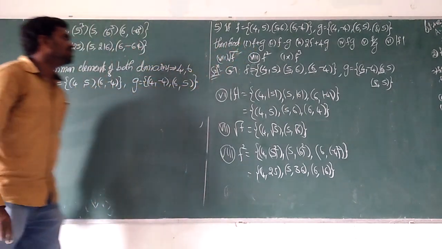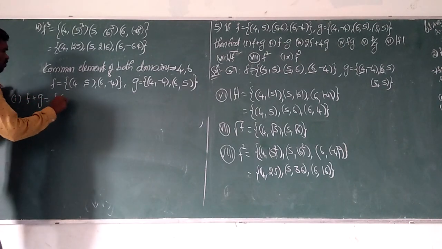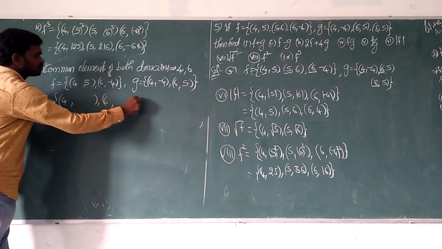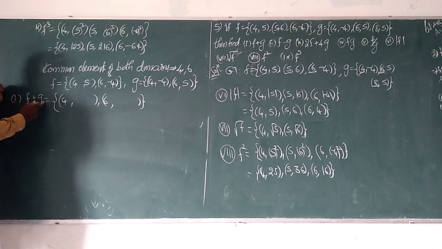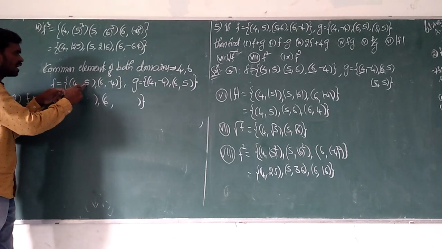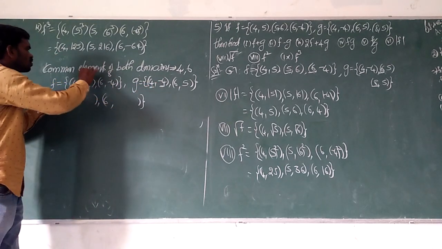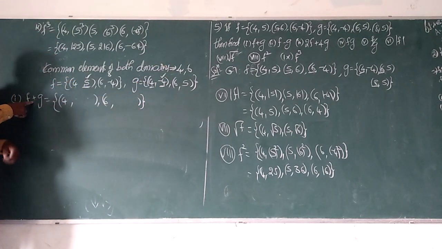First one, f plus g. So the set is 4 comma, 6 comma. What about the images? Do f plus g. For 4, here 5 and here minus 4. So 5 minus 4. What do we have to do?